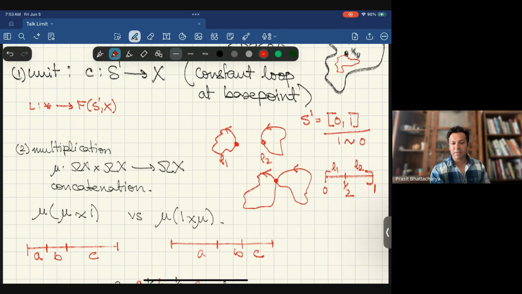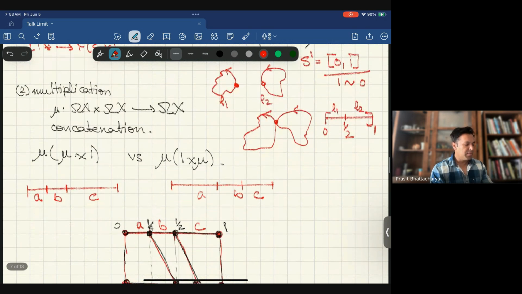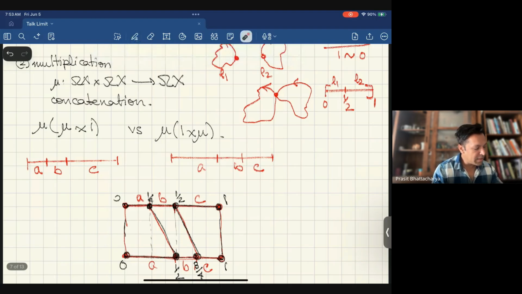So that's what I mean by concatenation. And you will see that this is actually giving you an H-space structure, except that the associativity is not strict, because if you are concatenating 3 loops, you are allowed to concatenate in 2 different ways. First, you concatenate the first 2, then you concatenate it with the third, or first you concatenate the last 2 and then you concatenate with the first.